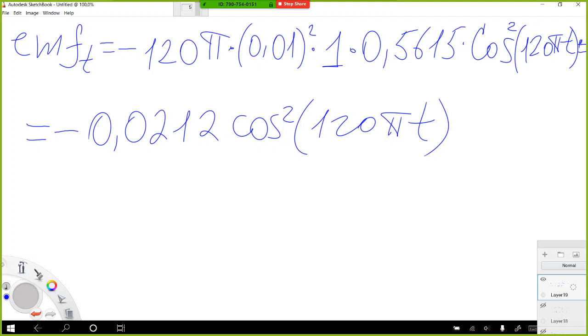Okay, we found electromotive force due to the transformer action.